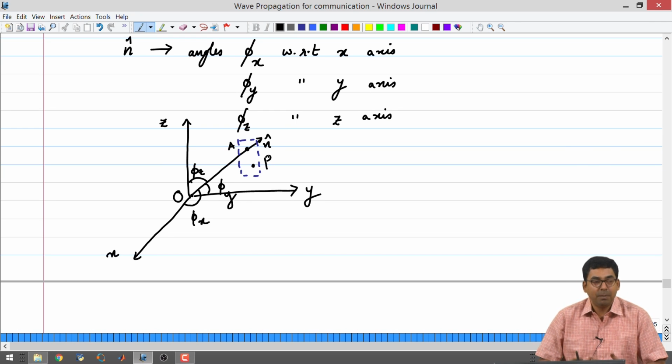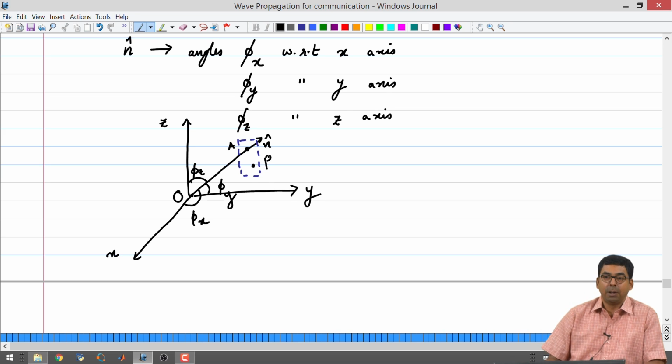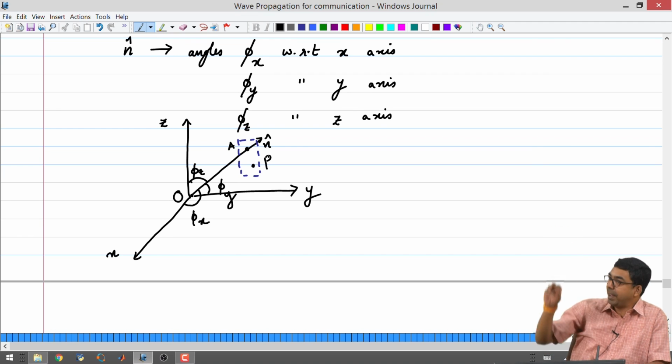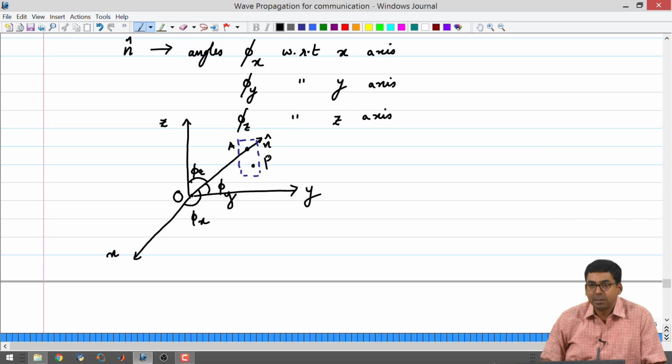Remember that when we were orienting our direction of propagation n hat to be in z direction, we wrote down the equation to be cos omega t minus beta z, okay. So, cos omega t minus beta z means that in x and y directions the plane is infinitely large. Wherever you take a point on that plane, the description of the field is cos omega t minus beta z, right.